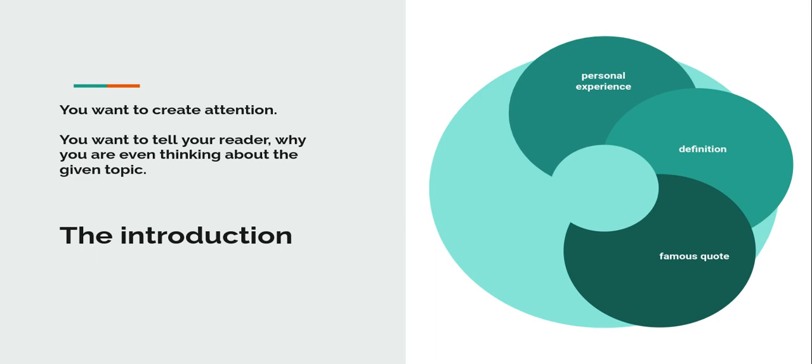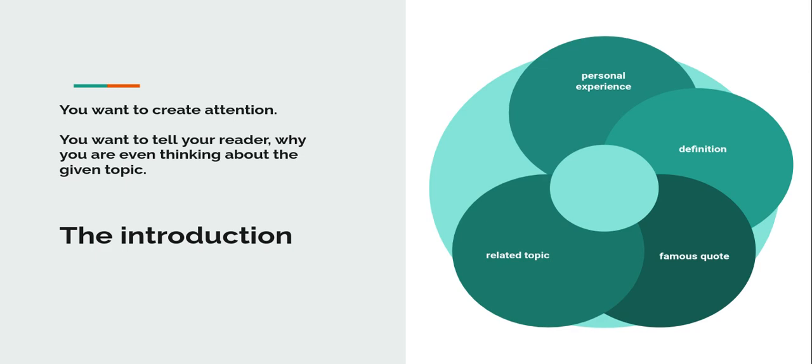The next one would be a famous quote. Sometimes the words of a famous person about your topic, and there are not many better ways to introduce an argumentative essay than by letting famous people talk for you. So if you know a quote, use it for your advantage. Very often, Shakespeare can help you, or Albert Einstein.